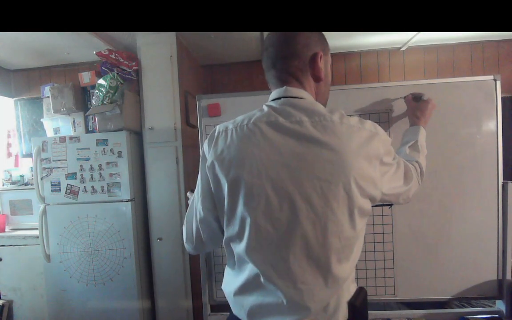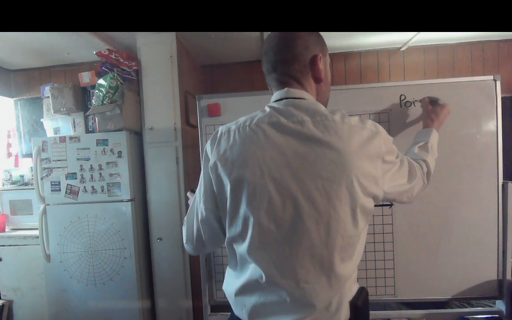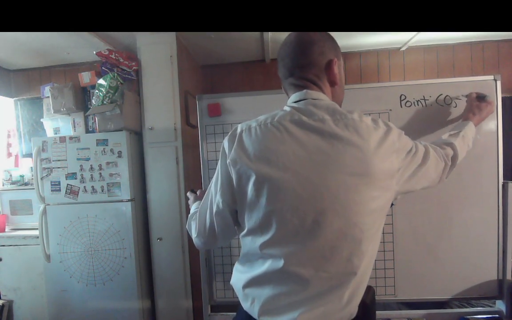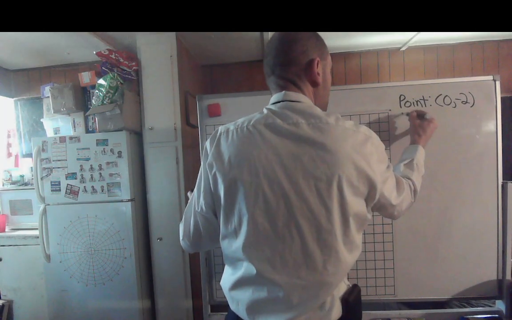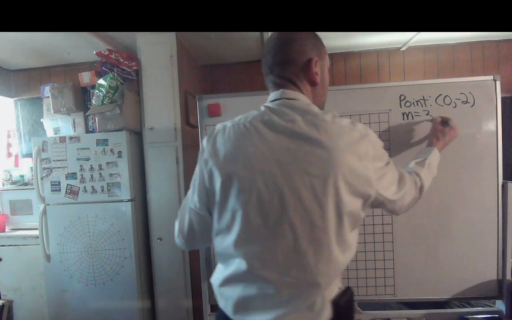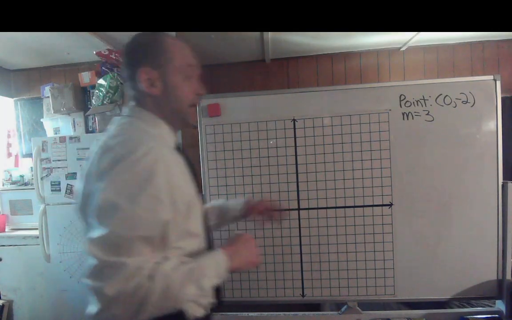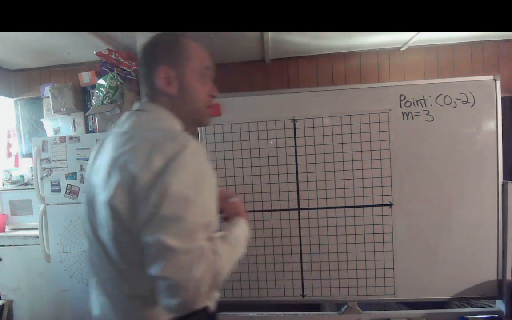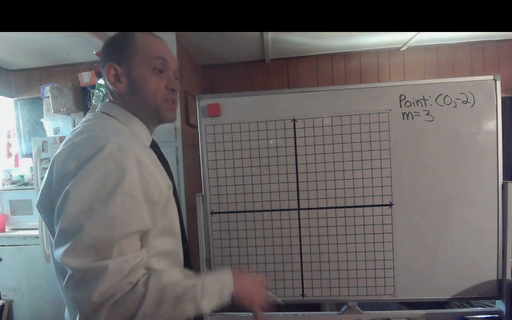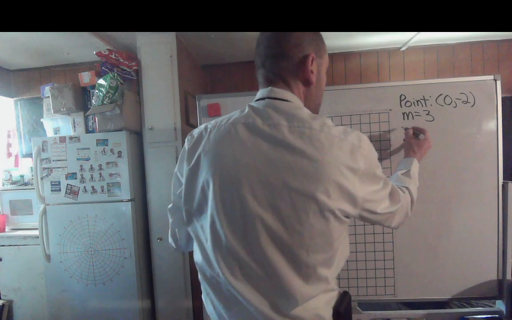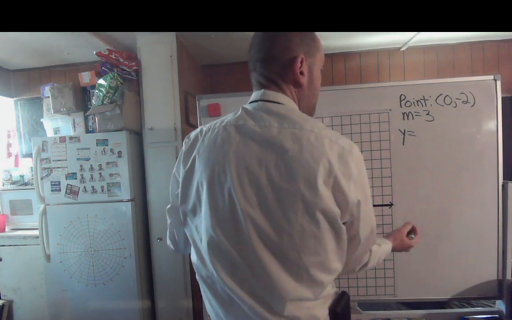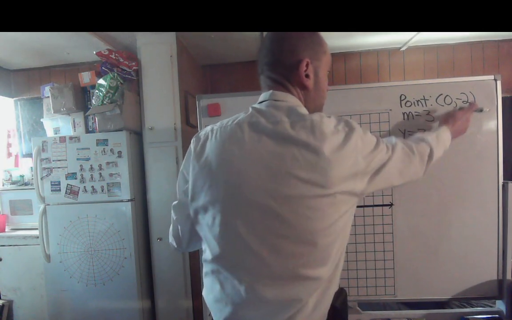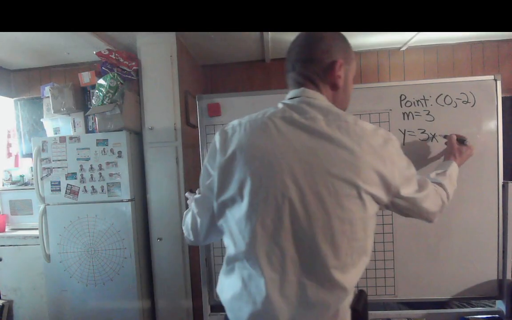So we are given the point 0, negative 2, the slope is equal to 3. Well, we actually have it pretty easy. We have the y-intercept and the slope. We can straight up start out with slope-intercept form. That's going to be y equals that slope of 3 times x plus your y-intercept of negative 2.